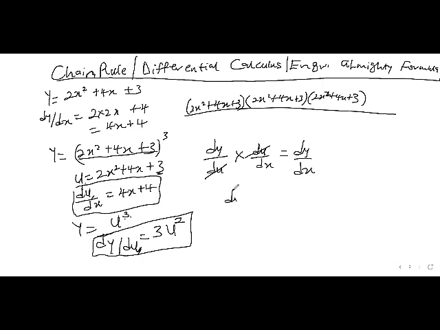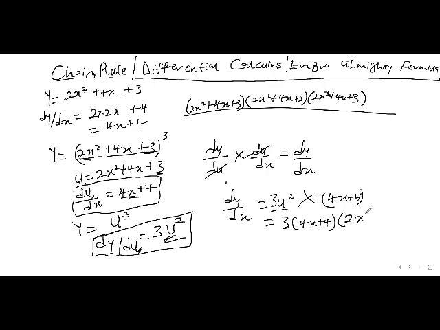So that means dy over dx is just dy over du, which is 3u squared, times du over dx, which is 4x plus 4. Now, what is u? Don't forget, let me write this 3 first, then 4x plus 4. Then, what is u? u is this entire guy that is inside this bracket, so x squared plus 4x plus 3.